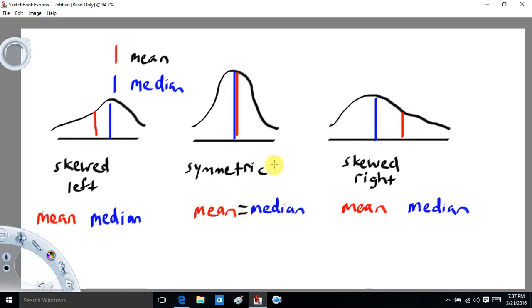In skewed distribution, the mean is farther out along the tail than is the median. Okay, so the mean is usually farther out in the long tail. So the mean is over here. Here the mean is less than the median. Here the mean is greater than the median. Again, we're assuming smaller numbers are here and bigger numbers are here. So this is the relationship between the mean and the median.